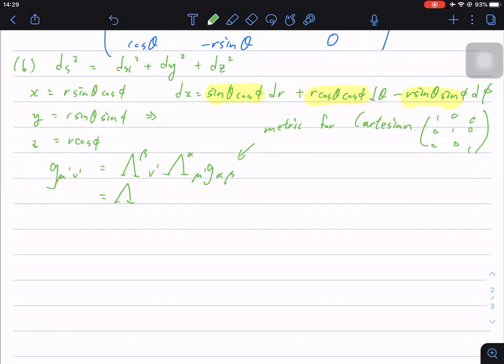It does not matter, and it will become obvious once I write it down. Better not do this because we have 9 terms then. So the reason why the order does not matter is because the tensor component is just a number.